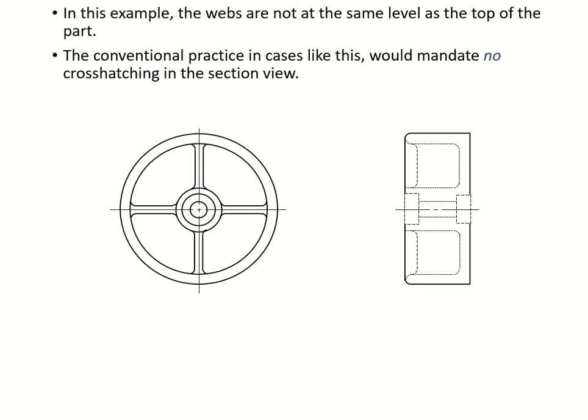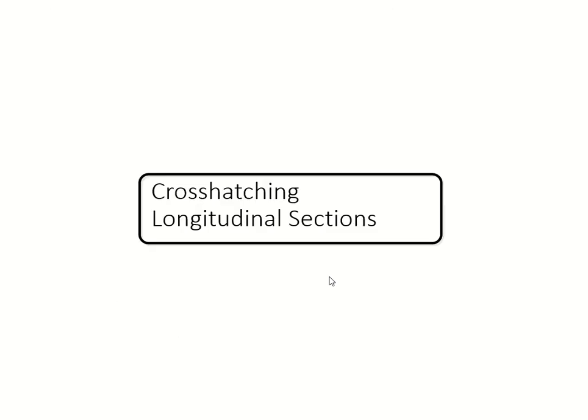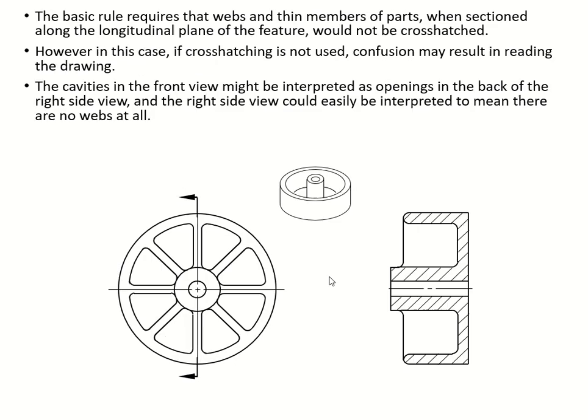All right. Here, your webs are not at the same level as the top of the part, so therefore we're not going to do the cross-hatching. So you have seen all the different examples for cross-hatching the longitudinal section.